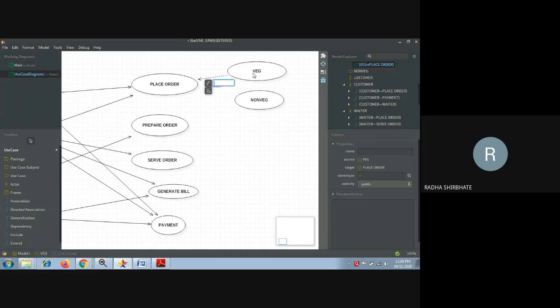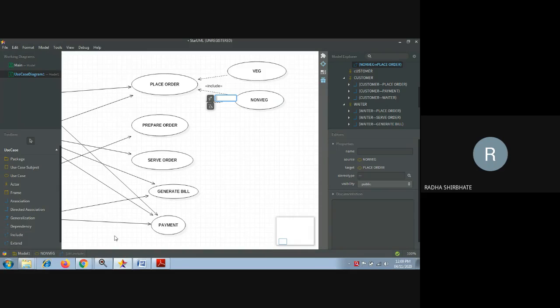We will draw the arrow outward from the new use case toward the main use case. So this is the way of representing inclusion. We have to write include over here.